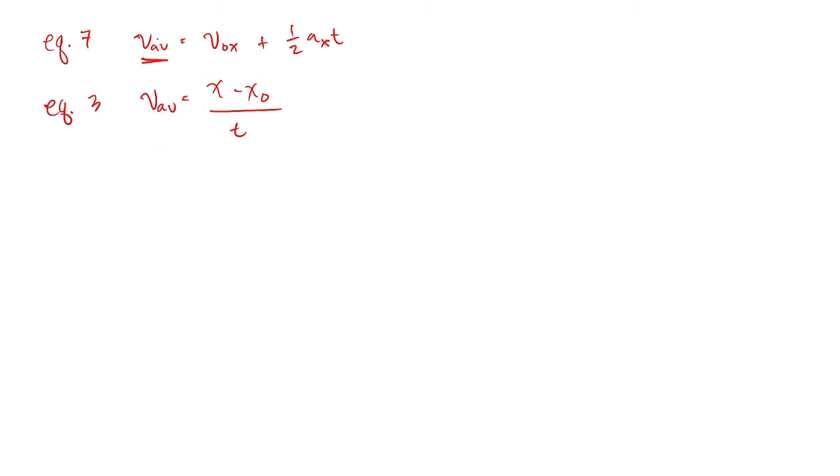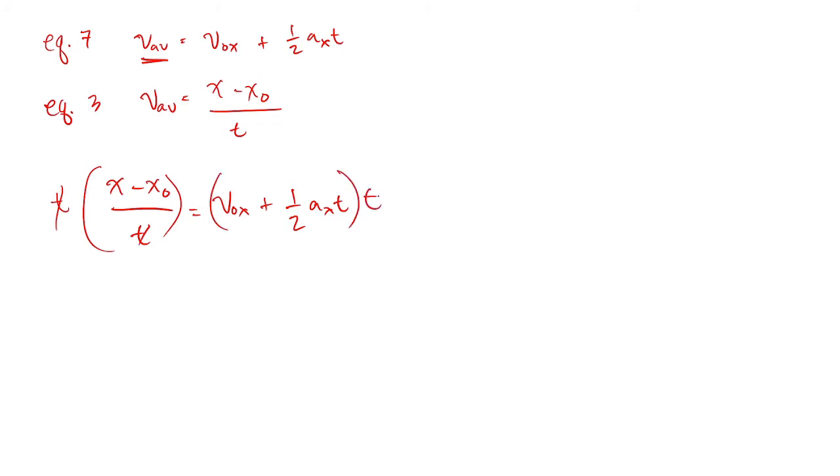At kung gagawin natin silang equal, kung titingnan nyo, parehas silang average velocity, meaning to say our x minus x naught over t is actually equal to our v naught x plus 1 half axt, or our acceleration times time. So in here, class, we can actually just multiply time on both sides of the equation, meaning this time will cancel out.